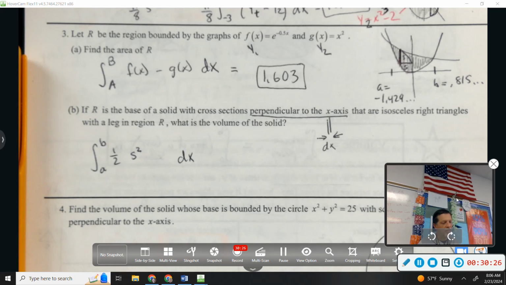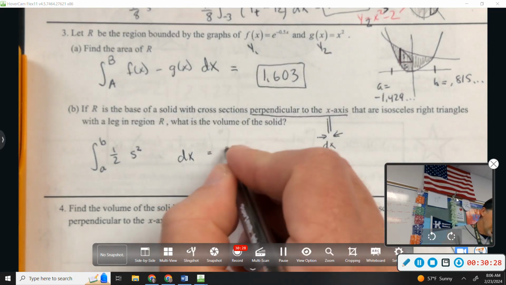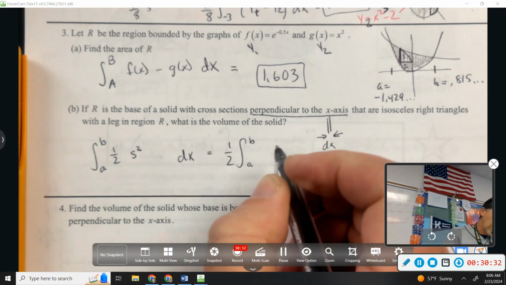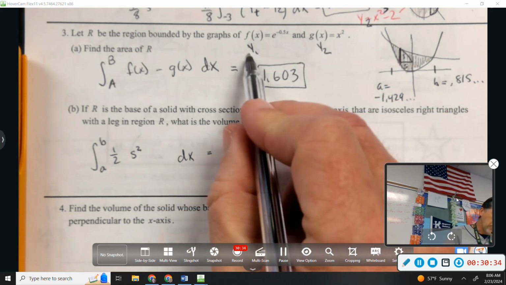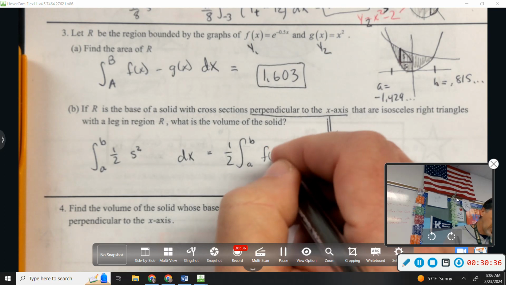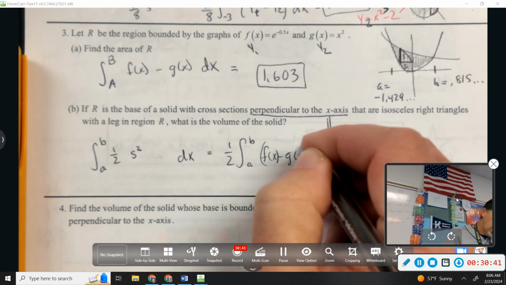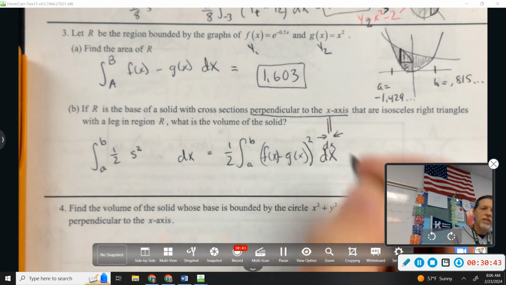But S is top minus bottom, so I'm going to move the 1/2 out front. A to B. Top one is Y1, or F, minus the bottom one, squared dx.